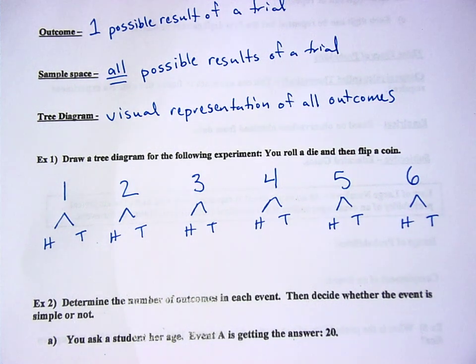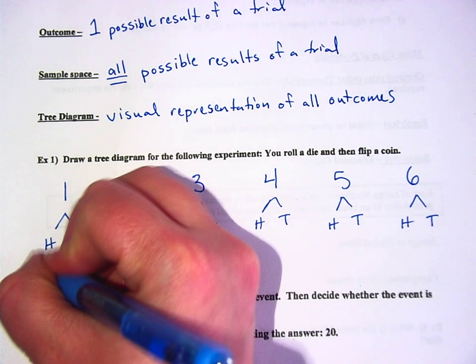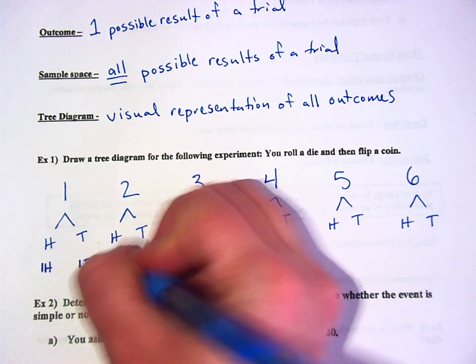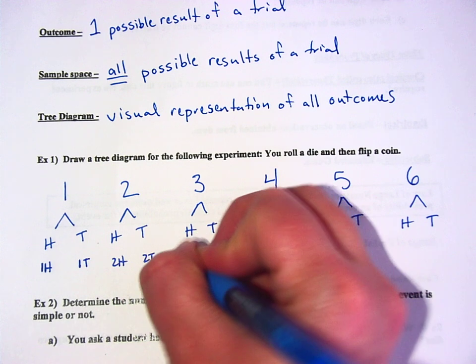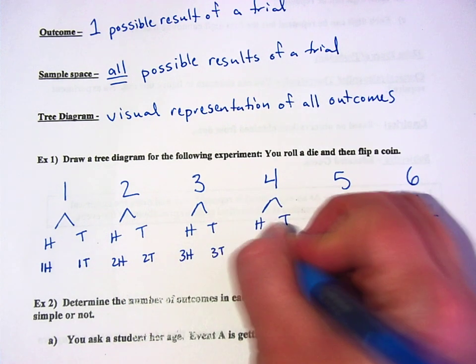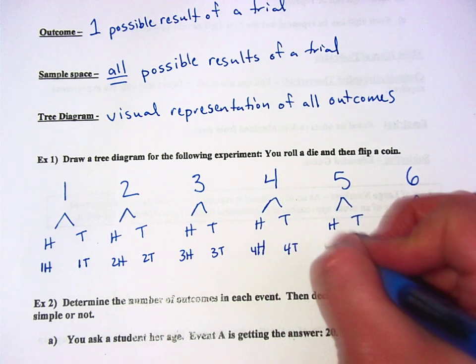So there are 12 options here. This branch right here is 1 heads. This one is 1 tails, 2 heads, 2 tails, 3 heads, 3 tails, 4 heads, 4 tails, 5 heads, 5 tails.